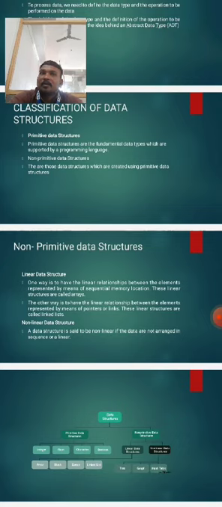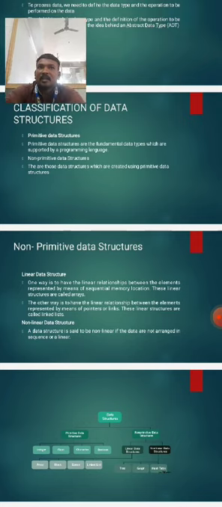First, let us see linear data structures. A linear data structure is an arrangement of elements in a sequence, or linear list. There are basically two ways to represent a linear data structure.